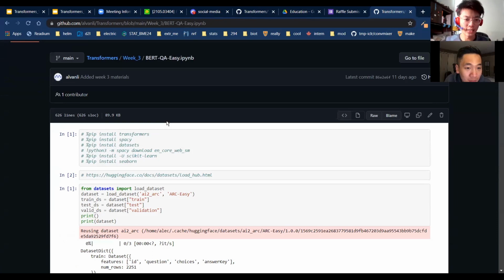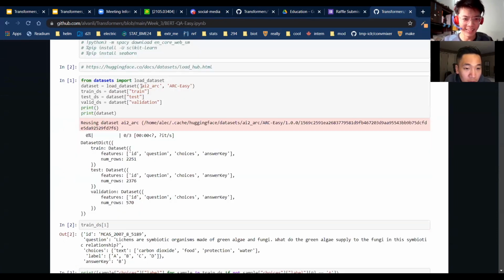This data set is called ARC Easy. It's basically a grade school multiple choice data set. You don't supply the machine learning model any context for the question. You just supply the question and a few multiple choice answers. Since BERT is a pre-trained model, we're hoping that it can understand the question and provide a good enough answer.